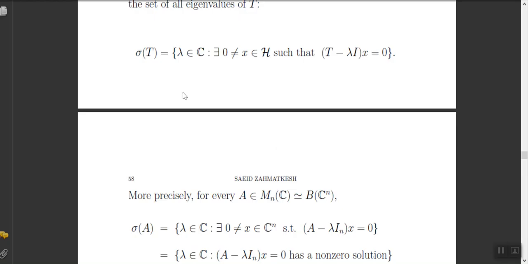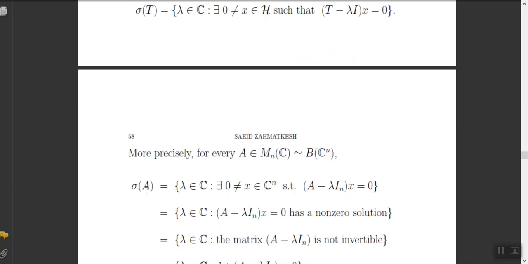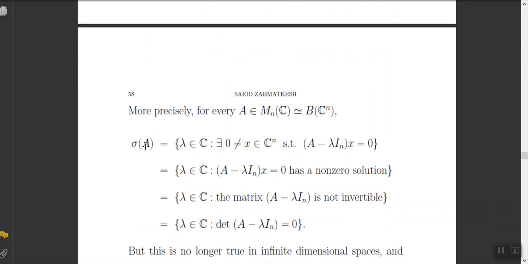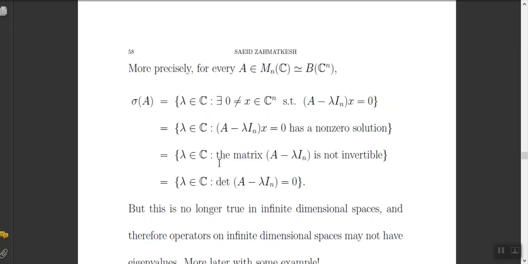So when we are talking about the spectrum of T, the spectrum of T is precisely equal to the set of the eigenvalues of T. And the set of the eigenvalues of T means the set of eigenvalues of the matrix of T, like A. And when we say the set of the eigenvalues of the matrix A, it means the roots of the characteristic equation, determinant of A minus lambda I_n equals 0.